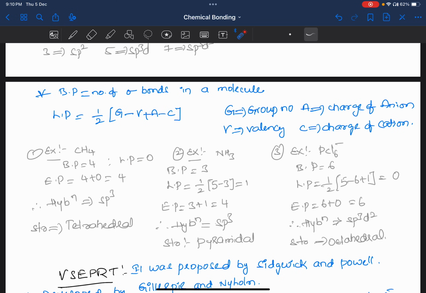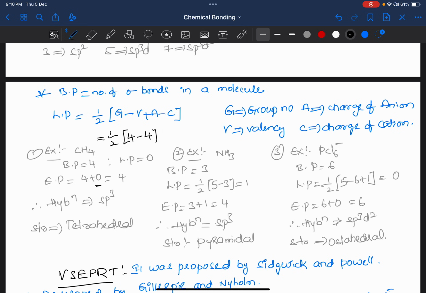So see here, how we find out the lone pairs. Here I will explain in case of methane. Write half of group number. Carbon belongs to fourth A group, no? So 4 minus its valency, which is again 4. There is no charge, no? So 4 minus 4 is equal to 0.